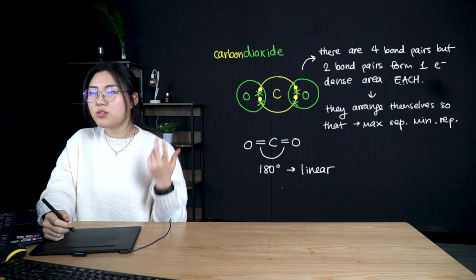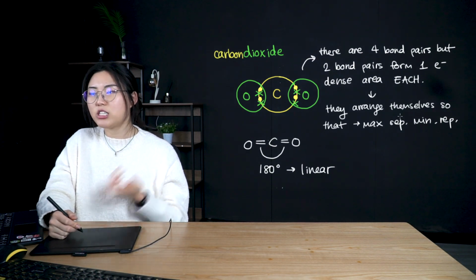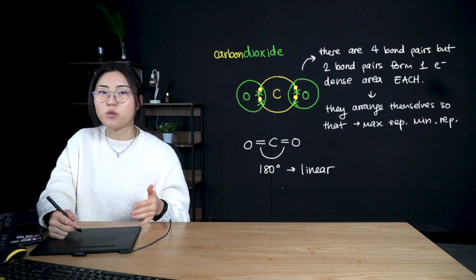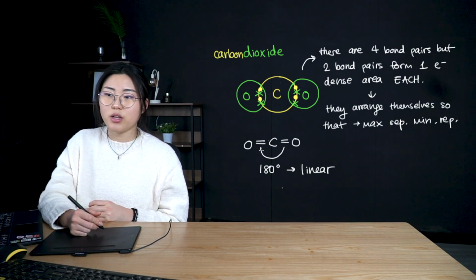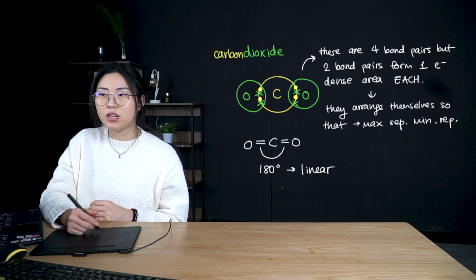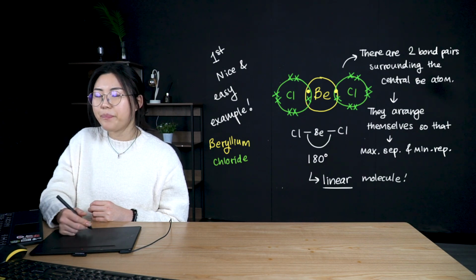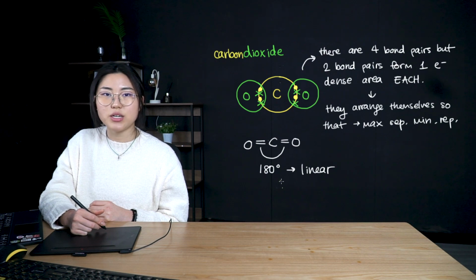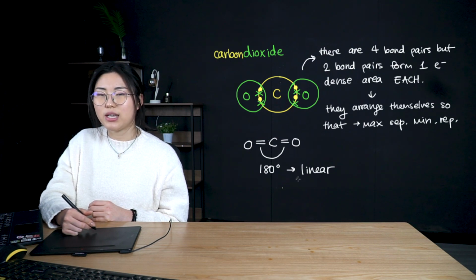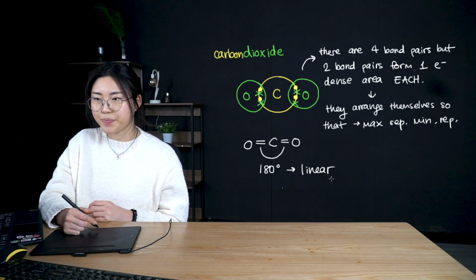They arrange themselves so that there is maximum separation and minimum repulsion again. Obviously, if there are 2 electron dense areas, just like beryllium, they're going to be separated by 180 degrees and therefore result in a linear shape.